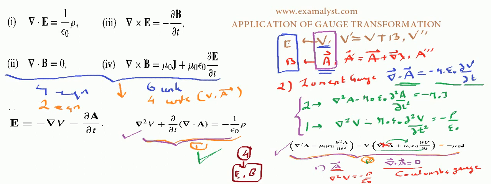They take the exact form of the wave equation when the sources are 0, and when sources are not 0 they take the form of this equation. These equations are much simpler than equations 1 and 2, and even Coulomb's suggestion was not that good because the second equation in Coulomb's gauge also looks very difficult to solve. But the Lorentz gauge was so beautiful that it made equation 1 and equation 2 very simple.